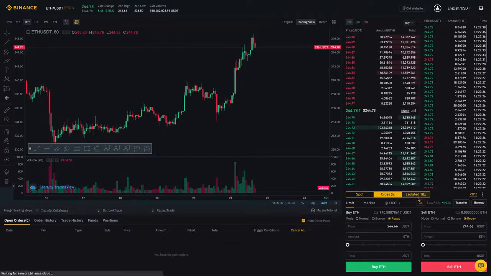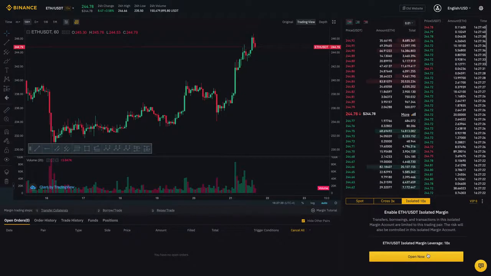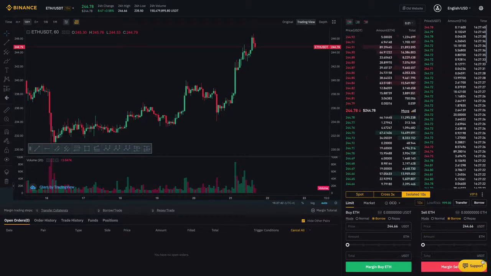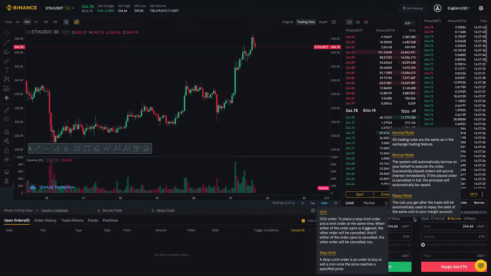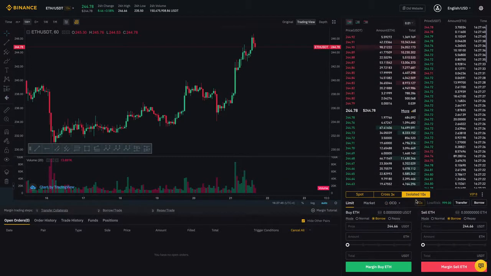Now, isolated, oh, I haven't created that, but if you haven't created one, you're going to have to create one. Just click on that. And the only difference between the isolated and cross is just how the risk is calculated. So isolated means that it's only for Ethereum. So that means my risk, I can leverage up to 10 times only specifically on Ethereum against whatever collateral I've put in there.